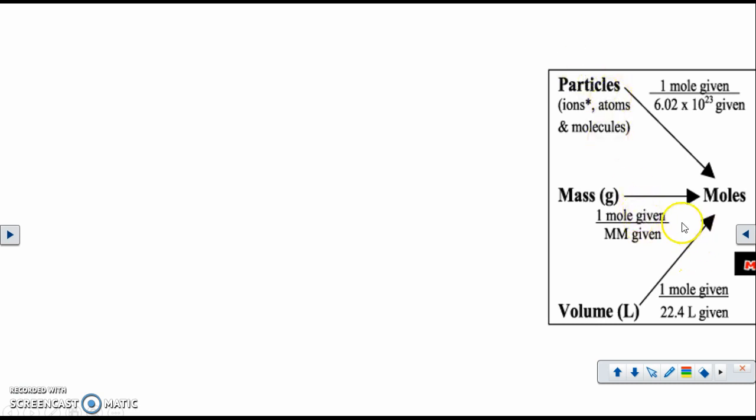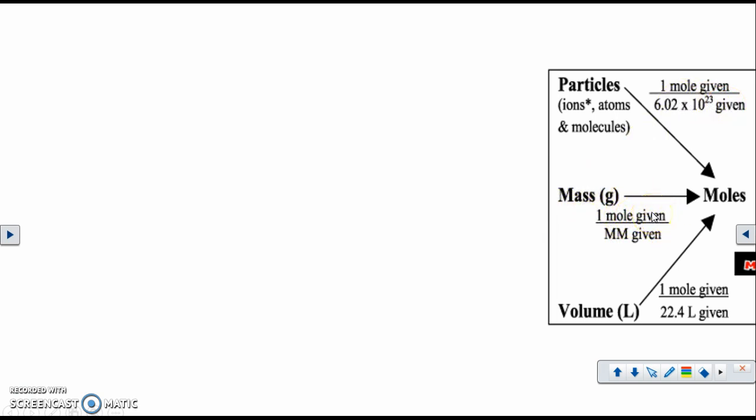What that tells you is in 1.007 grams of hydrogen, there's 1 mole, and in 1 mole, which is equivalent to 1.007 grams of hydrogen, there's actually 6.02 times 10 to the 20 atoms of hydrogen. So as you can see, there's a lot of particles in 1.007 grams of hydrogen.